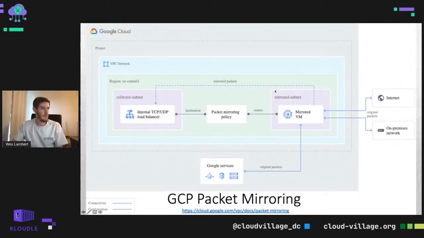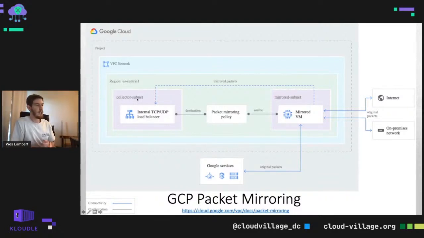All of this subnet right here, via that packet mirroring policy, is going to be mirrored. Because this VM is in here, it's going to mirror that traffic, and according to the packet mirroring policy, we're going to send it to this internal TCP/UDP load balancer. Then this distributes it to all of the collectors or instances we have here in the collector subnet.